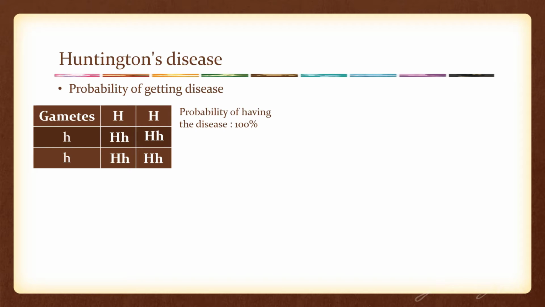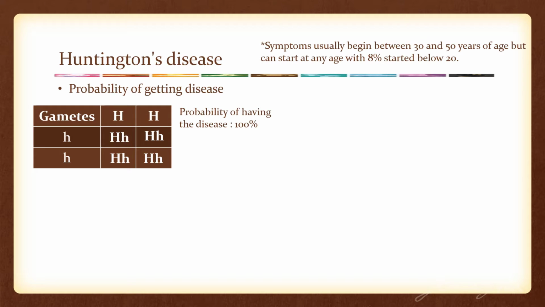The outcome is actually 100% of their kids will have the disease. Then you might be thinking, if the probability is 100%, maybe the parents wouldn't want to have a child. And yes, you are right. But the symptoms of Huntington disease normally begin between the age of 30 and 50.